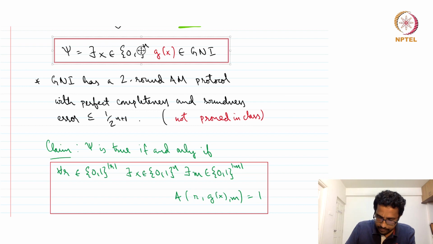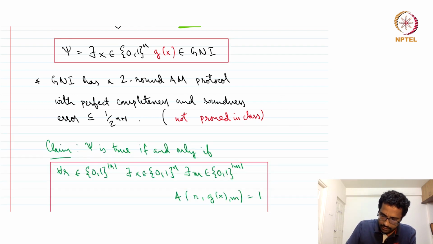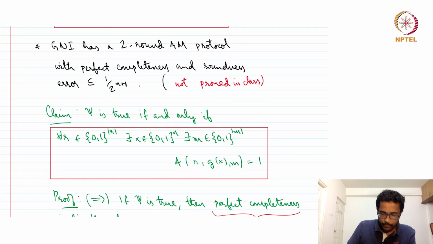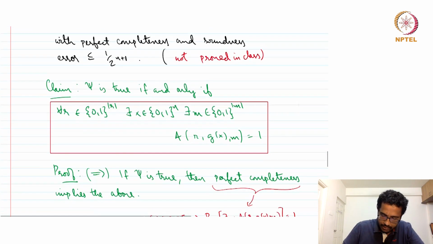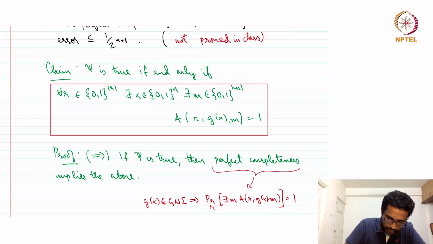Psi is true if and only if, for all random choices R, there exists x and there exists m such that A of R, gx, m equals 1. Here A is part of the Arthur-Merlin protocol for graph non-isomorphism. So this is from the Arthur-Merlin protocol for graph non-isomorphism.